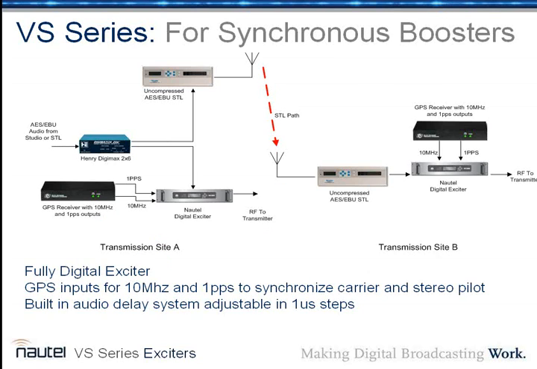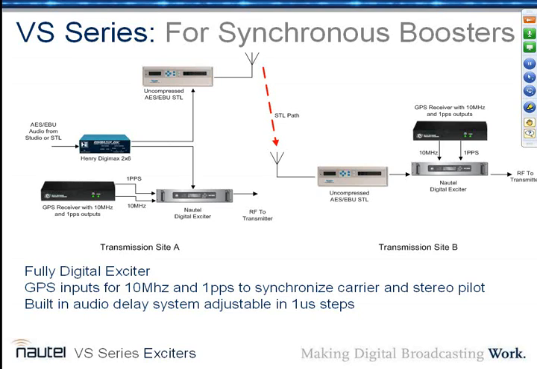And because the VS series has GPS integrally, it can be locked to GPS, and that locks not only the carrier frequency, but also all of the pilot and SCA and all that sort of thing. It also includes a micro-adjust delay. It has all the bits and pieces you need to do an SFN or booster situation.